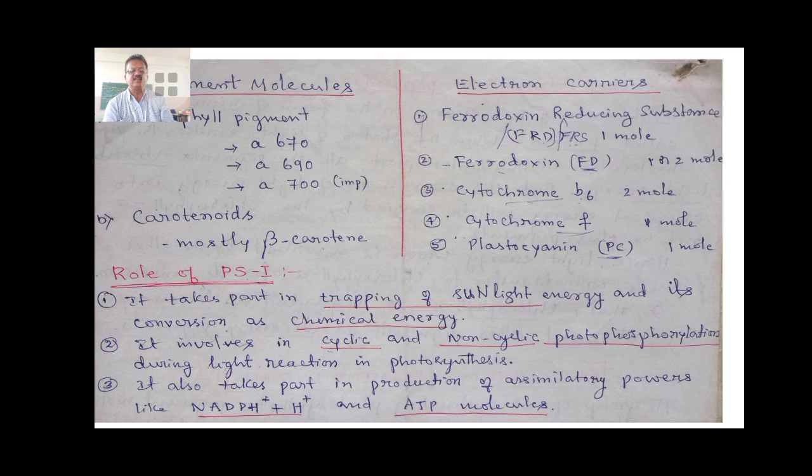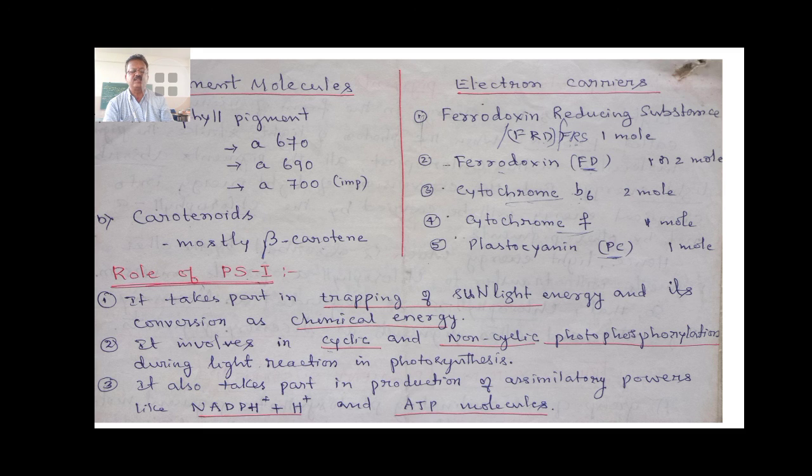The third difference is that in PS1 chlorophyll A700 is the reaction center molecule, but in PS2 chlorophyll A680 is the reaction center molecule. The fourth difference is PS1 involves both cyclic and non-cyclic electron transfer, but PS2 involves only non-cyclic electron transfer.